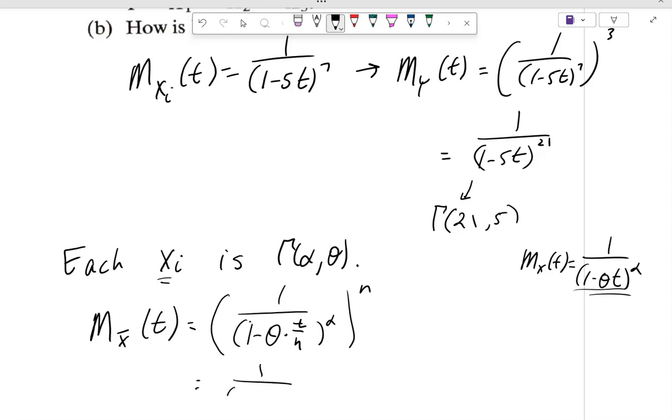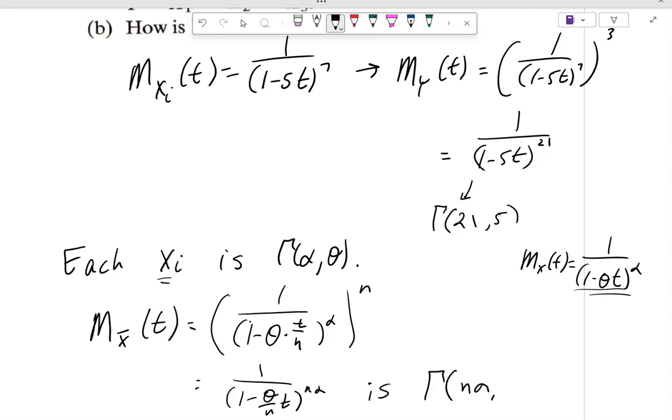So now we get 1 over 1 minus theta over n times t, to the n alpha. Now before, when we did Poissons, we said that the mean wasn't Poisson, but a multiple of the mean was Poisson, right? Is that gamma? Yeah, that is a gamma. The theta has changed, but it's still a gamma distribution. So this is gamma. What's your new alpha?